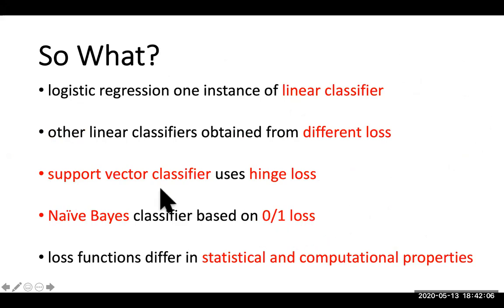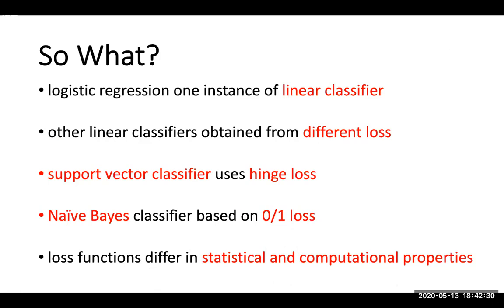And these loss functions have different characteristics regarding their statistical and computational properties. As I pointed out, for example, the 0-1 loss is non-convex, so it's more computationally challenging. However, it has some statistical properties. For example, if you minimize the 0-1 loss, you can show that you minimize some error probability.